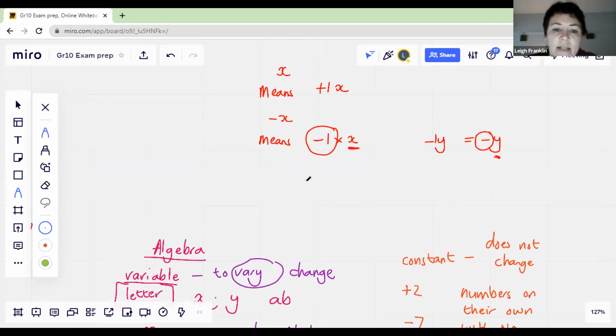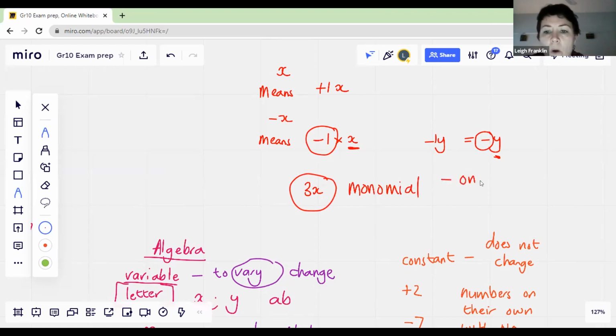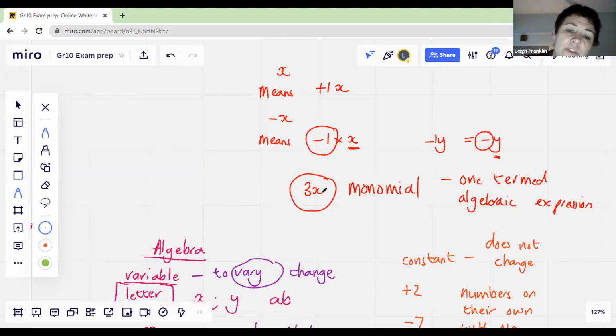Now, let's say I write 3x on its own. That is called a monomial. A monomial is a one-termed algebraic expression. It has one term in it, consisting in this case of a coefficient and a variable.